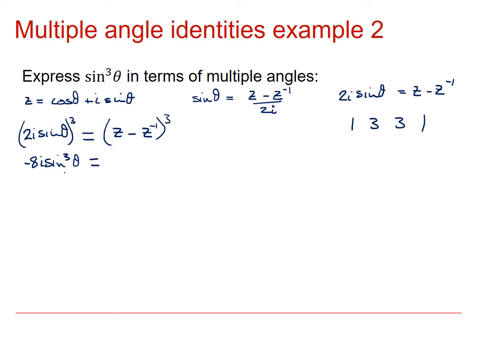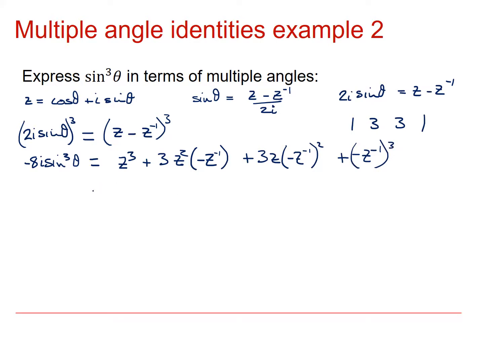So minus 8i sine cubed theta is equal to z cubed plus 3z squared times, well, it's minus z to the minus 1, plus 3z times minus z to the minus 1 squared plus minus z to the minus 1 cubed.